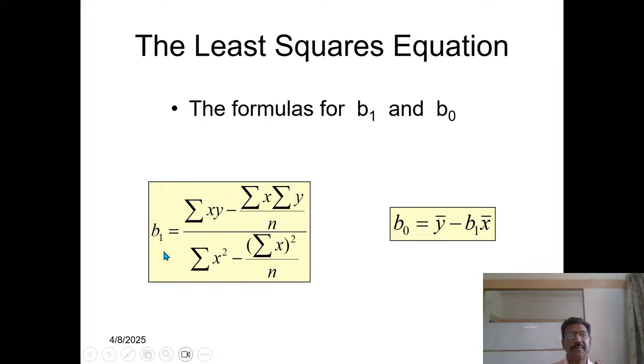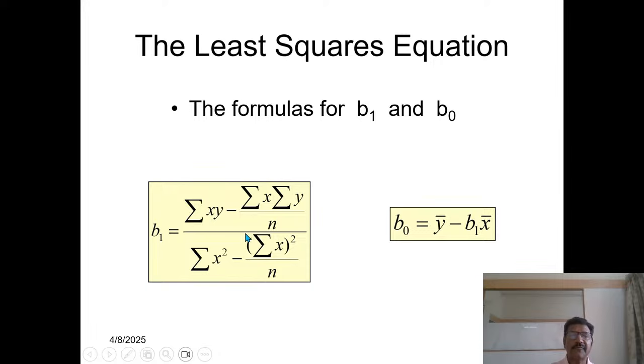First, you have to calculate beta 1 based on the table. Use this formula: summation of xy minus summation of x into summation of y divided by n, divided by summation of x square minus summation of x whole square divided by n.